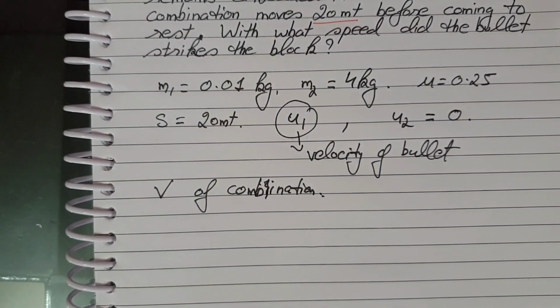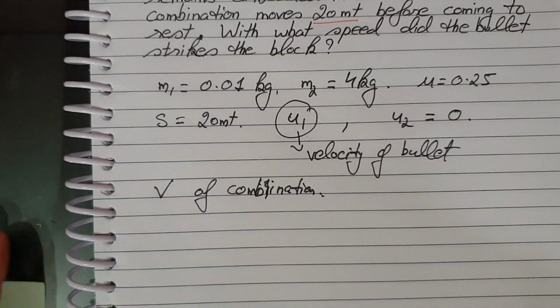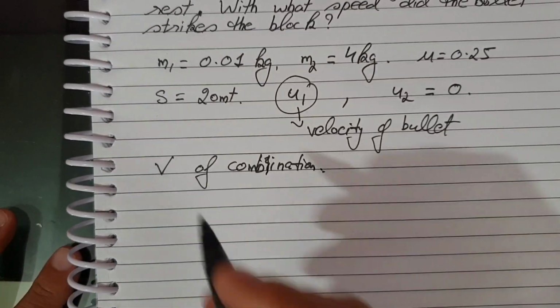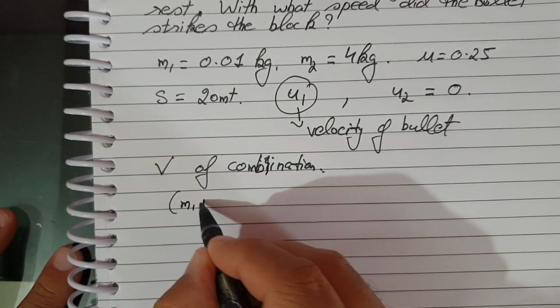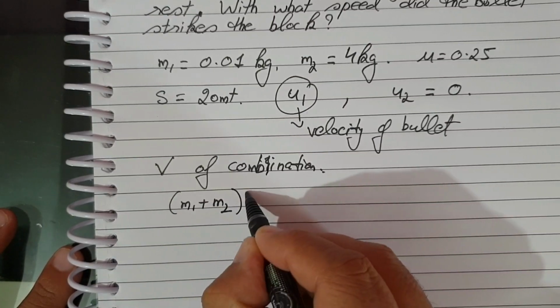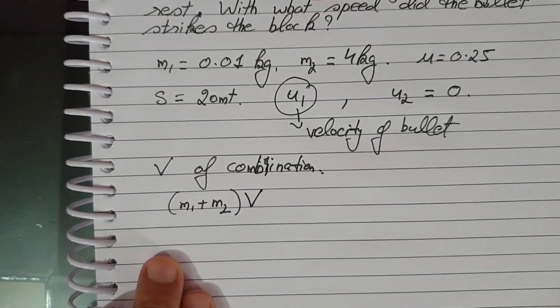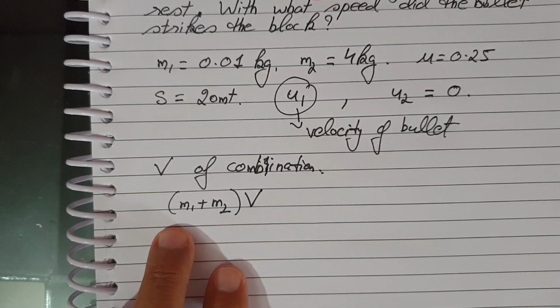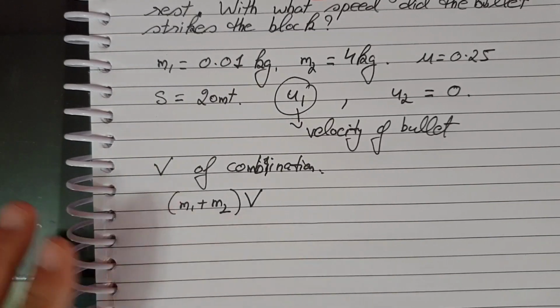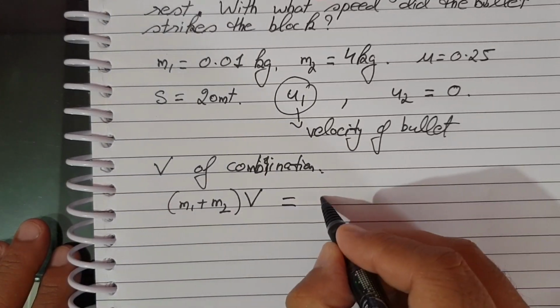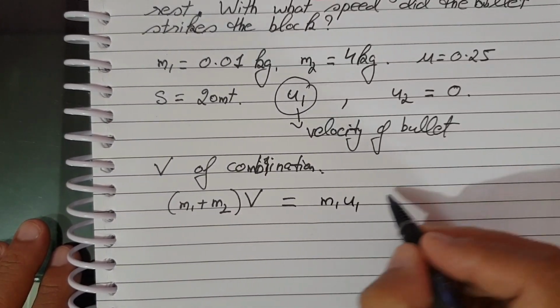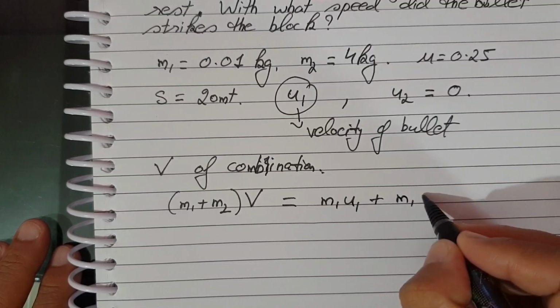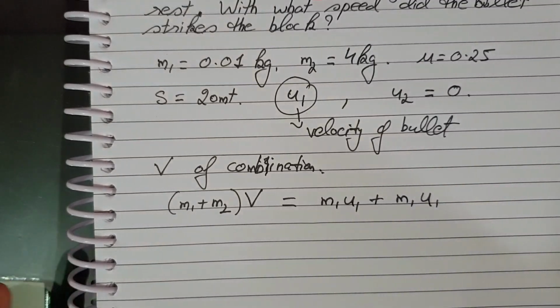Now by the principle of conservation of momentum, m1 plus m2 times v, because now the bullet is embedded inside it, so the mass of block and bullet times the combined velocity, equals the initial momentum of the bullet plus the initial momentum of the wooden block.